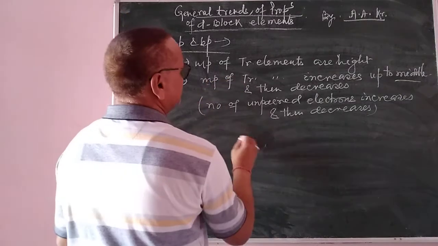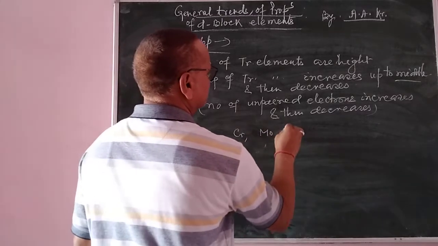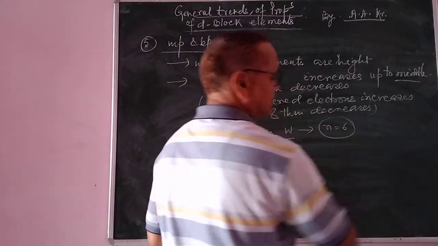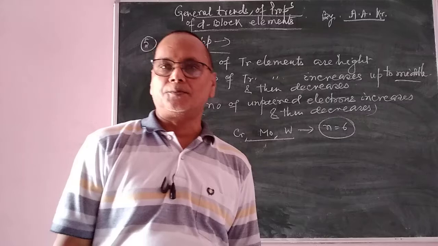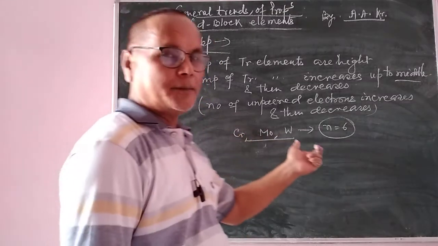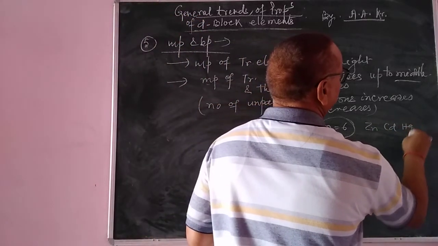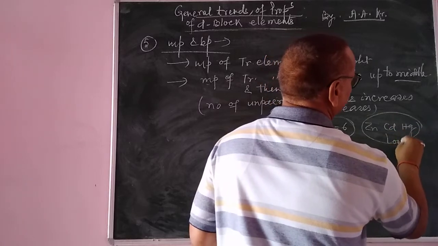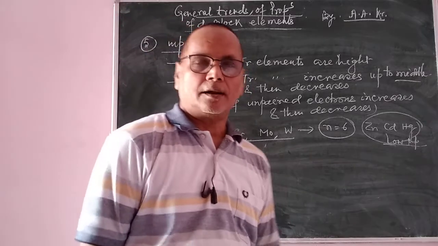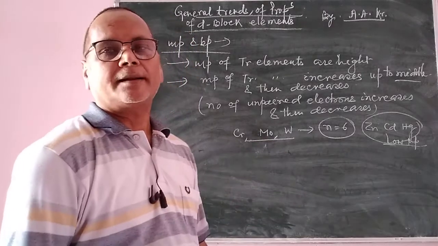Suppose chromium, molybdenum, tungsten, these have six unpaired electrons. So they will form a large number of metallic bonds. So they are hard, they have a high melting point, whereas zinc, cadmium, mercury have a low melting point because they have fewer unpaired electrons, so they cannot form as many metallic bonds.